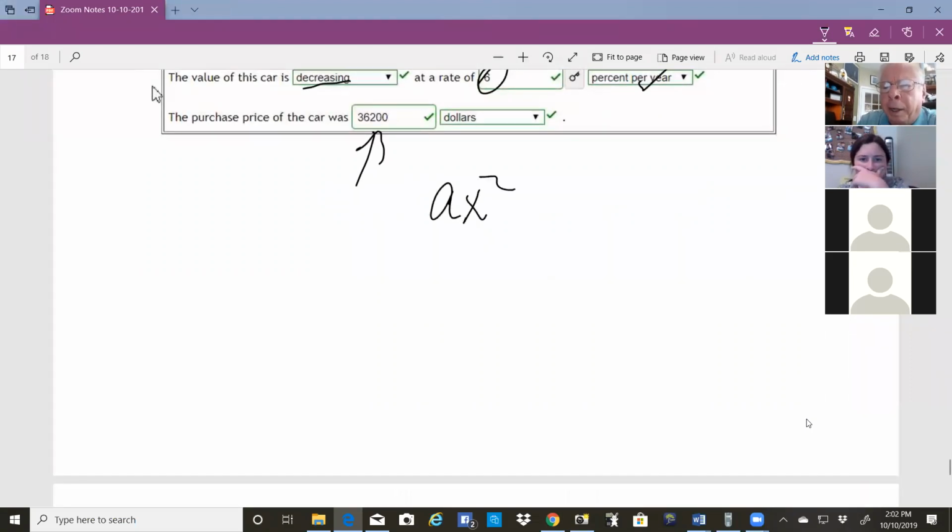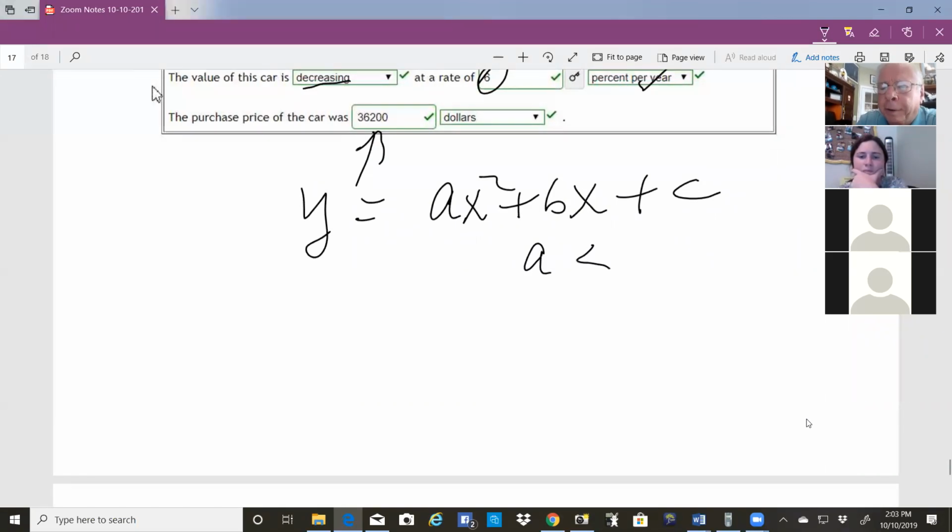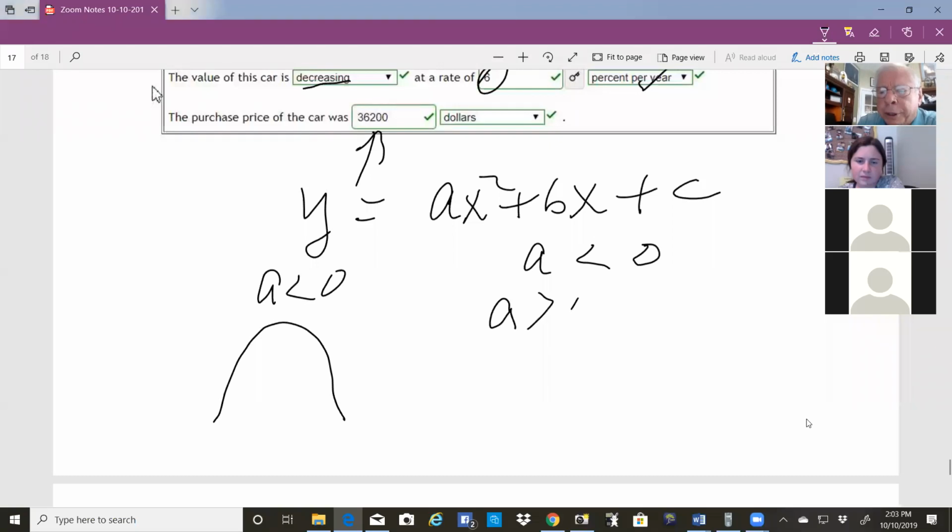Ax squared plus bx plus c. If a is negative, then it opens down. If a is more than 0, it looks like that.